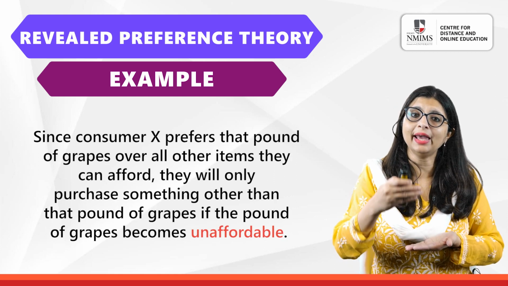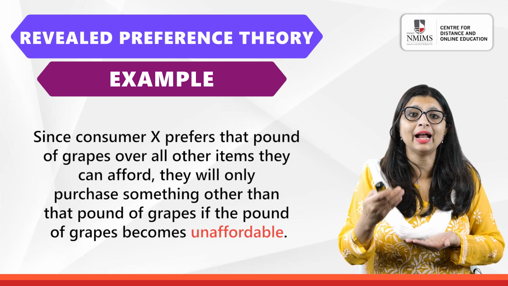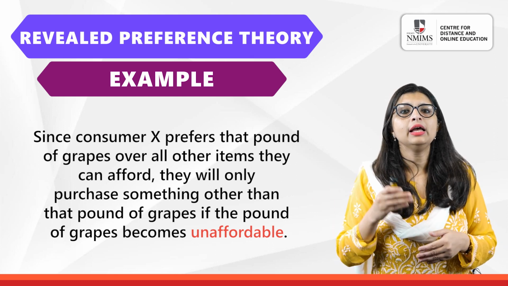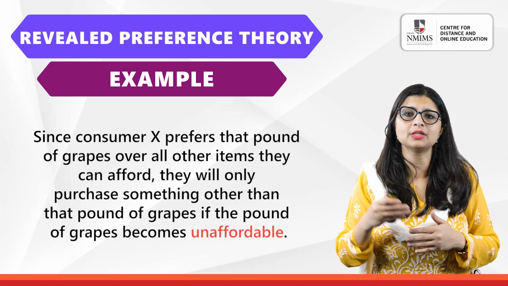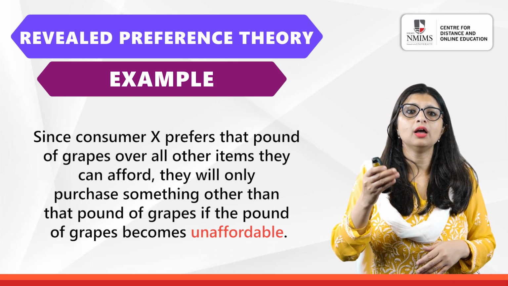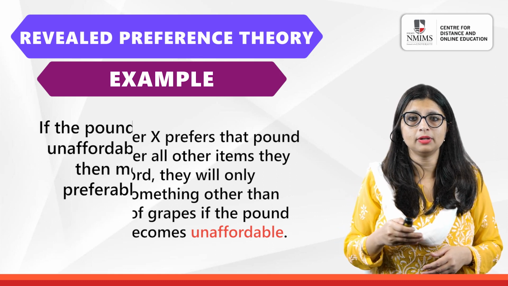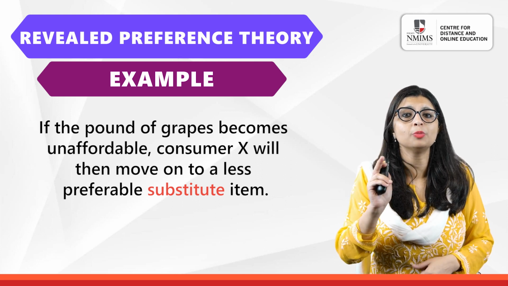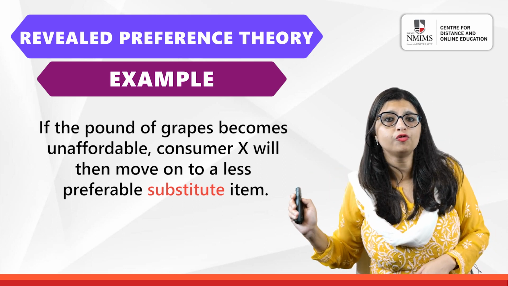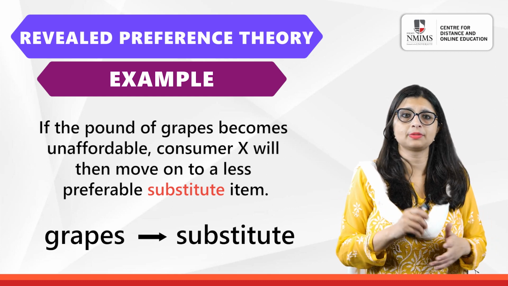Since consumer X prefers the pound of grapes over all other items that he can afford, he will only purchase something other than grapes if the pound of grapes becomes unaffordable. Now, if the pound of grapes becomes unaffordable, consumer X will then move to a less preferred substitute item.